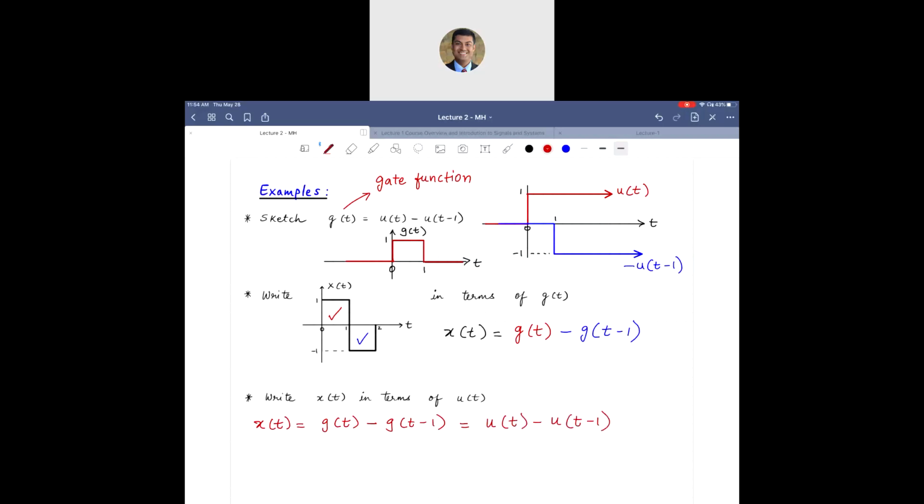Open the gate at 0, close the gate at 1. Minus, you have g of t minus 1. What is g of t minus 1? Instead of u of t, you write t minus 1. Minus sign will now turn to a positive sign. G of t minus 1 will become u of t minus 2.